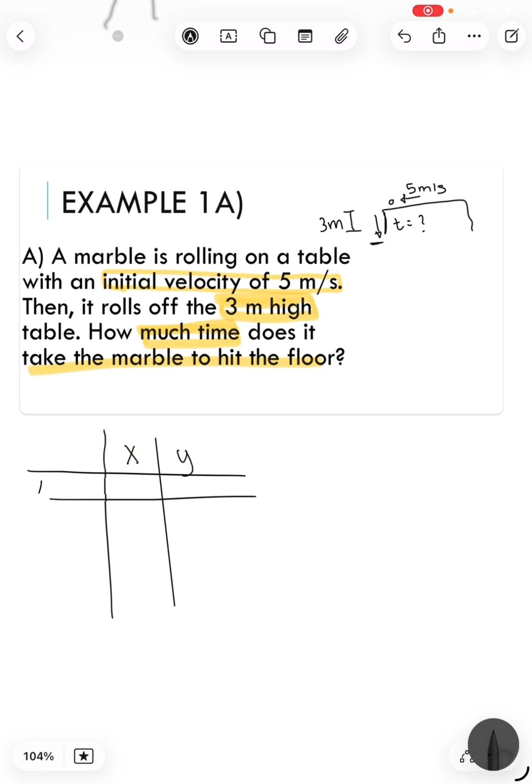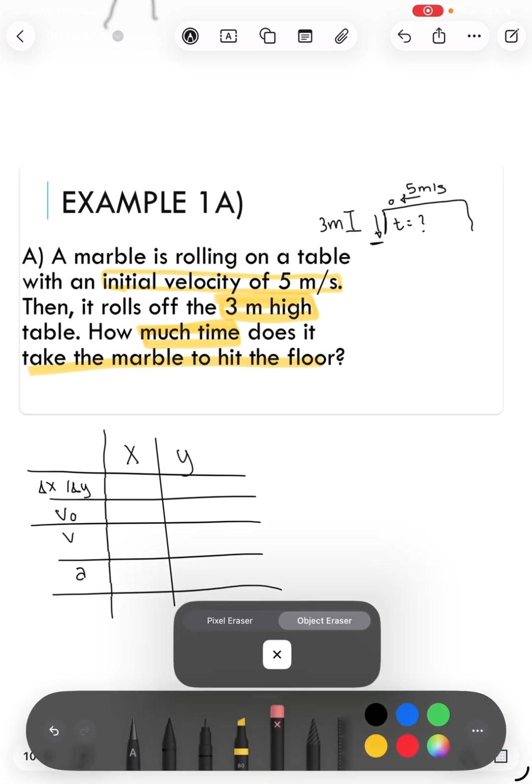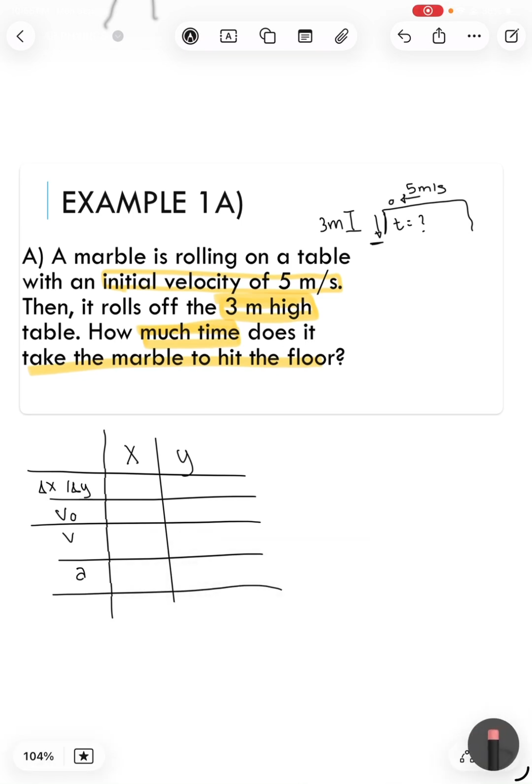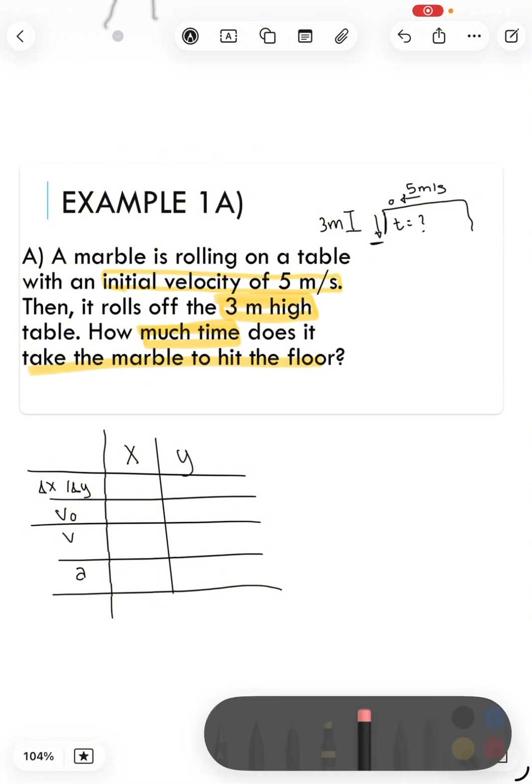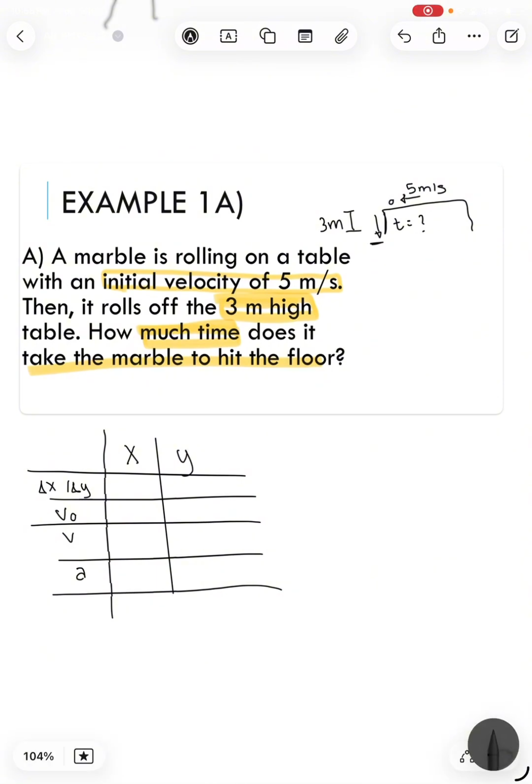And then we have delta x and delta y, which is our displacement in both the horizontal and the vertical direction. We have v naught, we have the final velocity, and then we have acceleration, and then we have time, which in our cases, time for both the x and the y are the same. Why? Because both will either land at the same time or both will end at the same time.